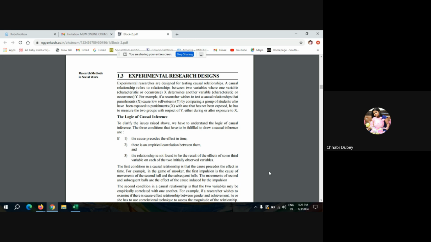A causal relationship refers to the relationship between two variables where one variable, x, determines another variable, y.